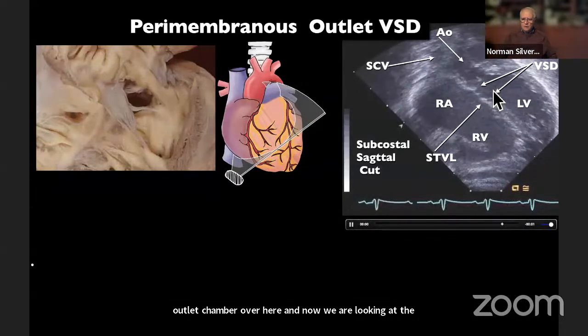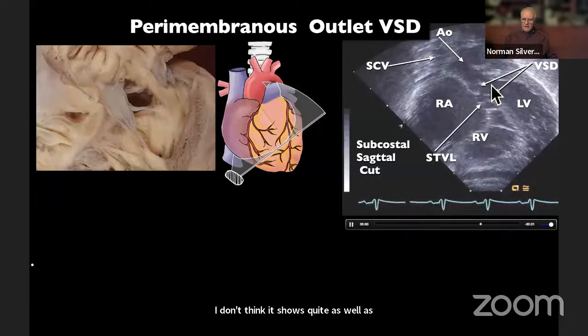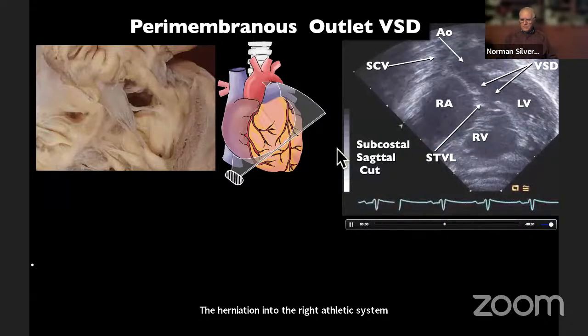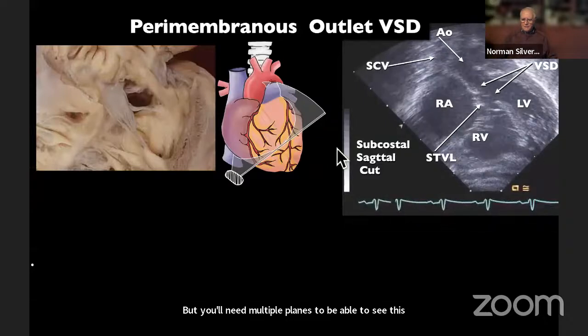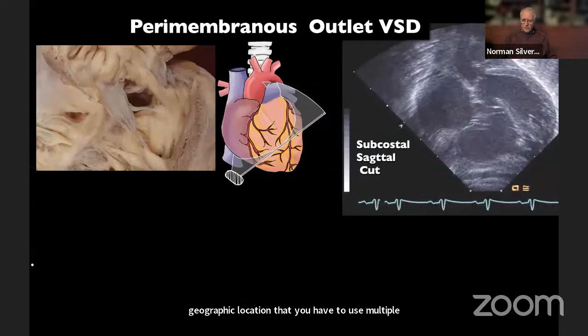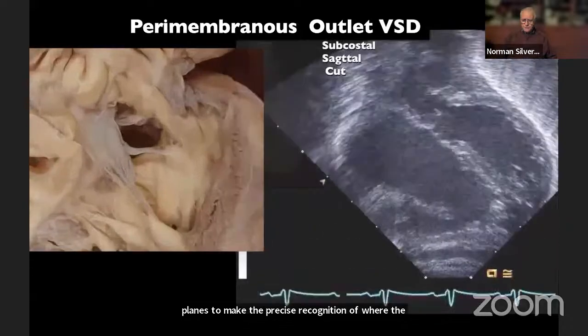I don't think it shows quite as well as on this particular plane, the herniation into the right outlet septum. But you'll need multiple planes to be able to see this. And that, I think, is the important issue about ventricular septal defects in terms of getting their geographic location, that you have to use multiple planes to make the precise recognition of where the ventricular septal defect is.